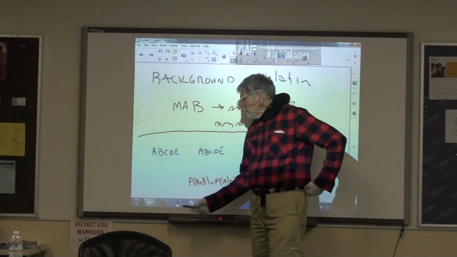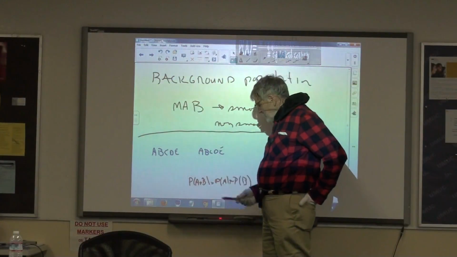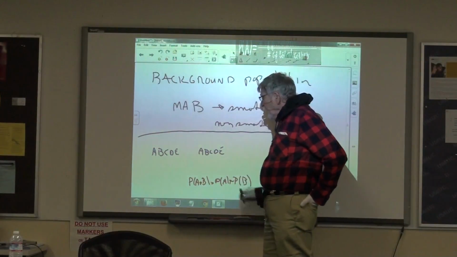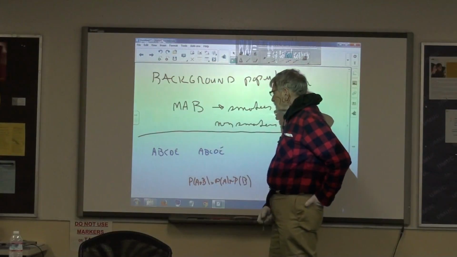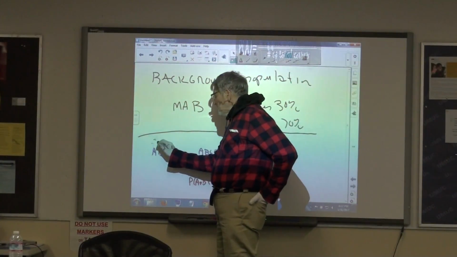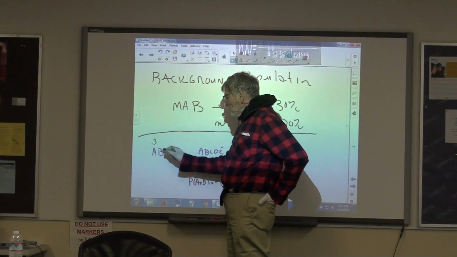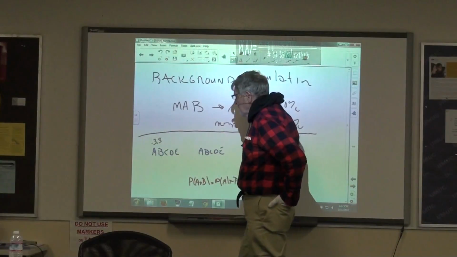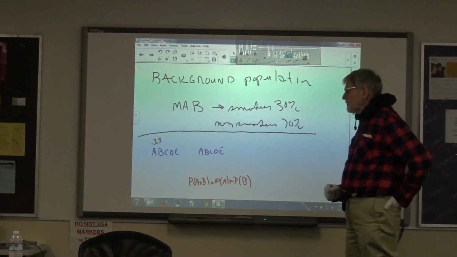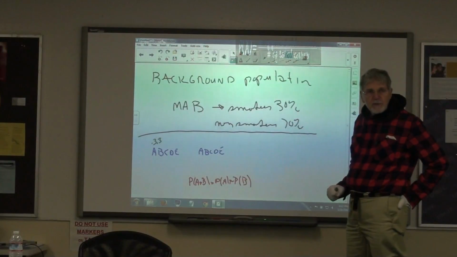So now the probability of A smoking is what percent? 30%. 0.3. The probability of B smoking is what? 0.3. Now I've stipulated that I will have exactly 2 smokers. So that means that C, D, and E have to be non-smokers.